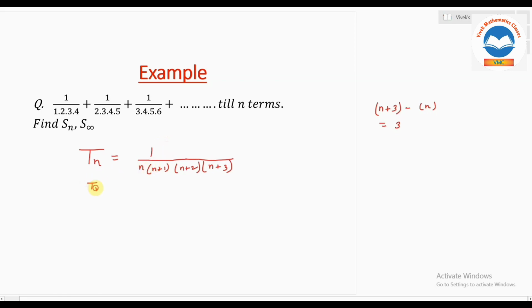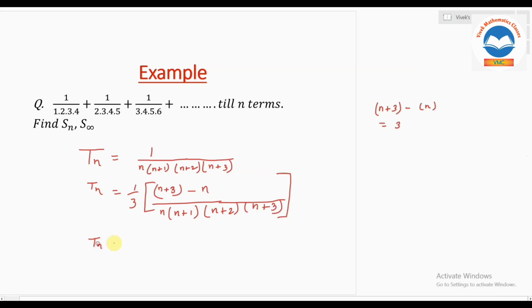So we are getting Tn as 1 by 3 into the numerator, which I will write as n plus 3 minus n, and divide by the same thing, n into n plus 1 into n plus 2 into n plus 3. So this is our Tn. Now we'll split this.